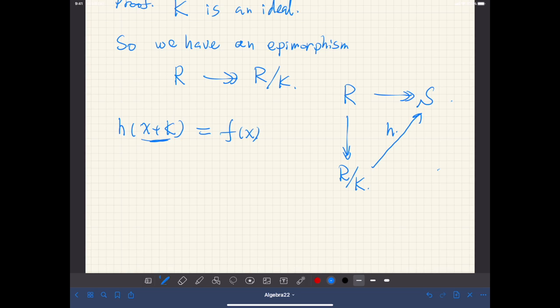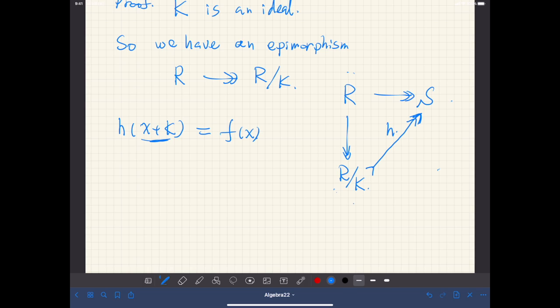If we regard R as an additive group, this mapping h is an isomorphism from R by K regarded as a group to S regarded as a group.